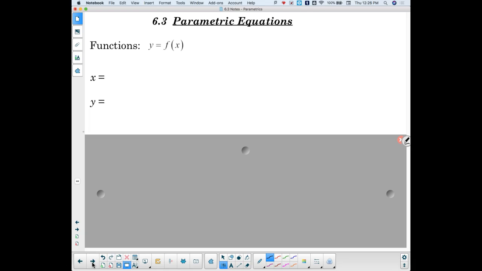So let's talk about the difference between all of these. Let's go old school first. An old school function, y equals f of x, is where we take the x, and that is our independent variable.